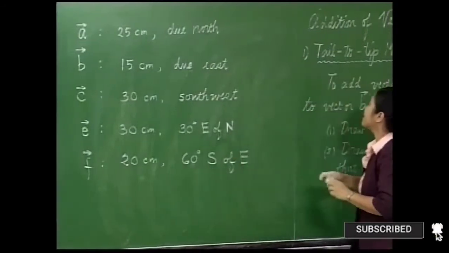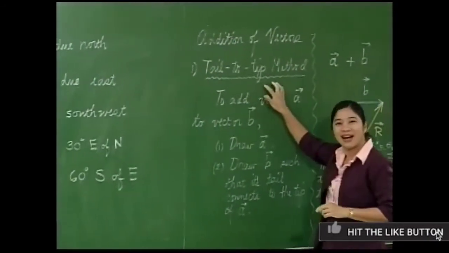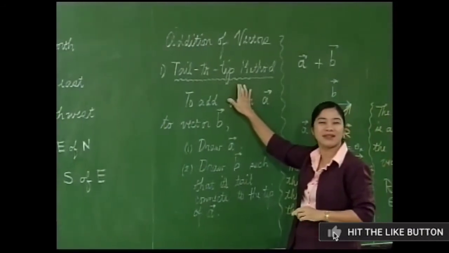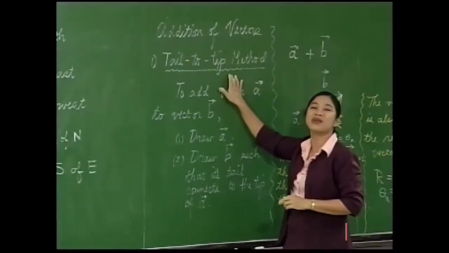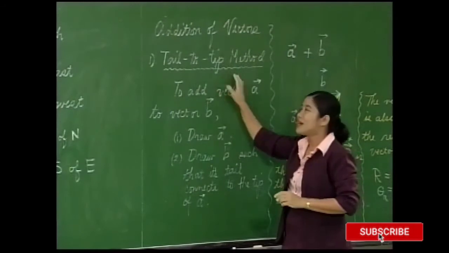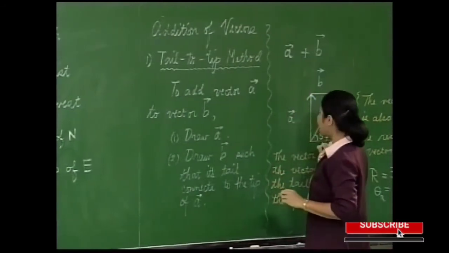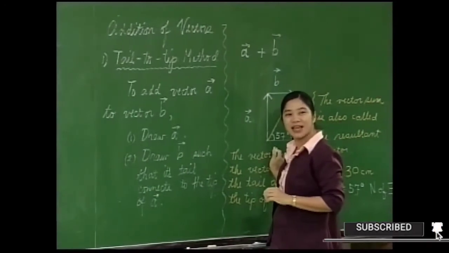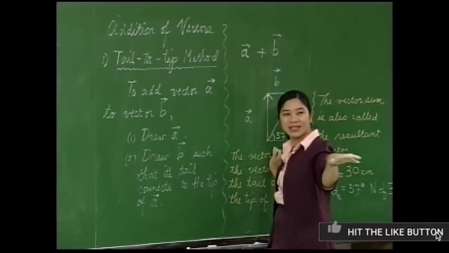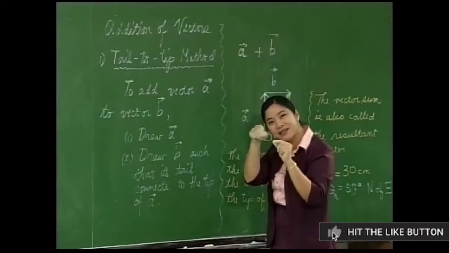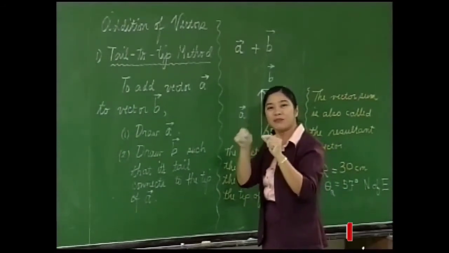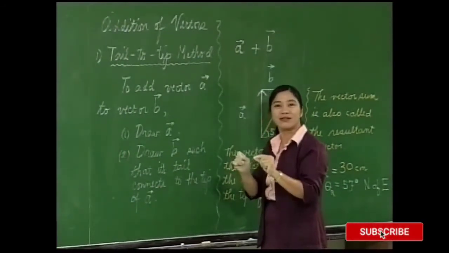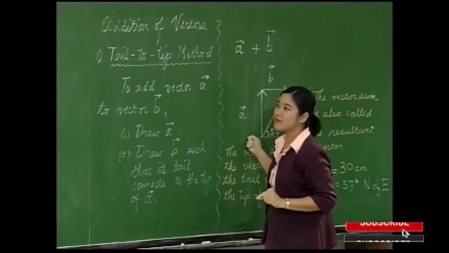And so you see that the tail-to-tip method is not a very accurate method. You can make mistakes. The chalk is quite thick and therefore my measurements may not be very exact. You on your seats with your pencil and ruler will probably get better measurements than I do.